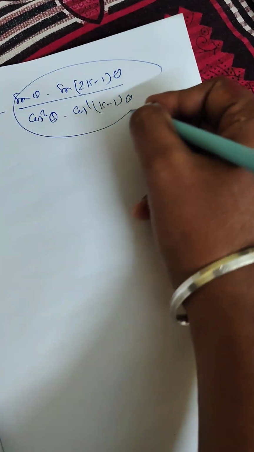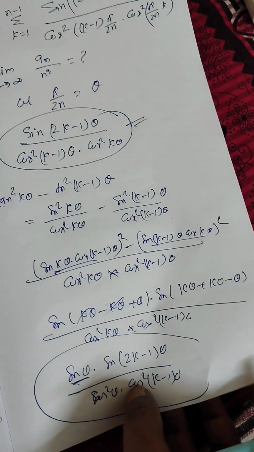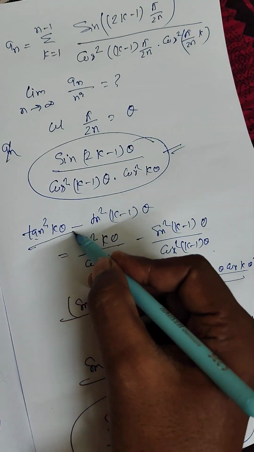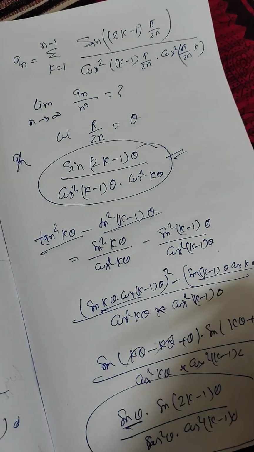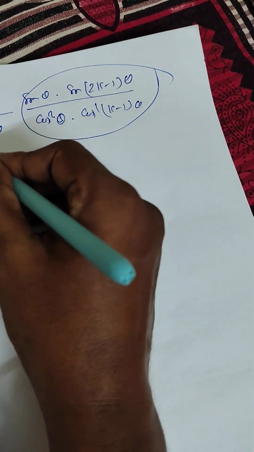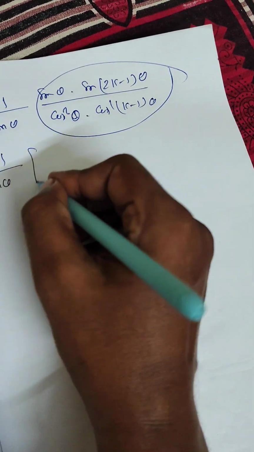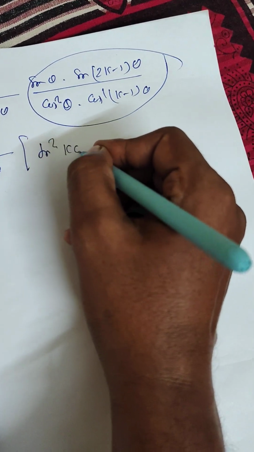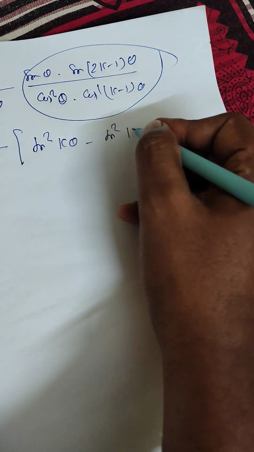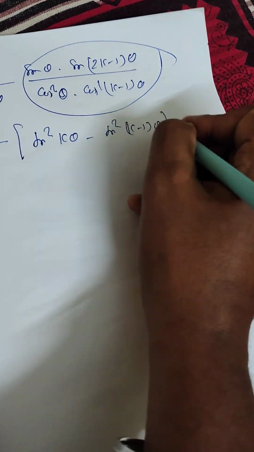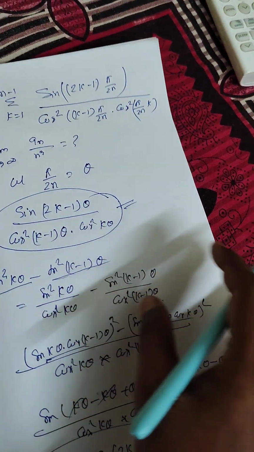I explain what the formula gives: tan square k theta minus tan square (k minus 1) theta. So write down 1 by sin theta times (tan square k theta minus tan square (k minus 1) theta). This is what we have.